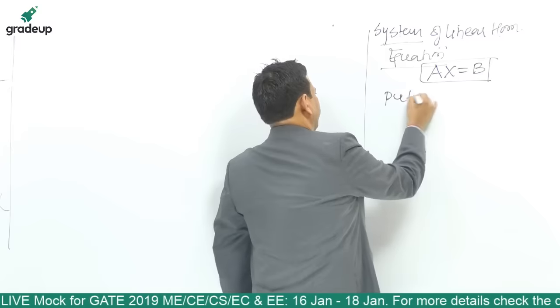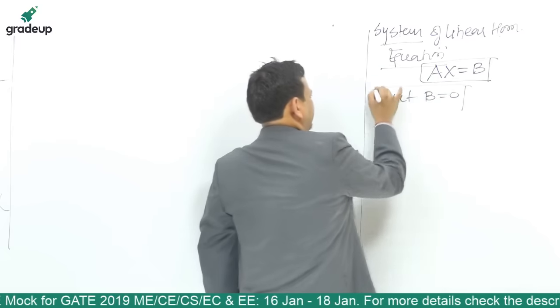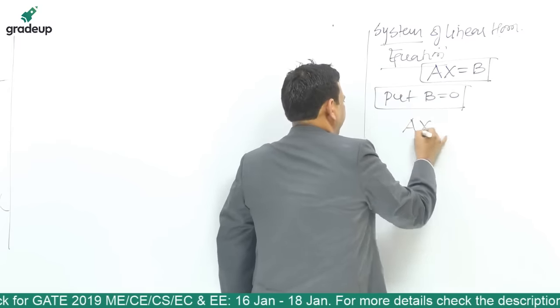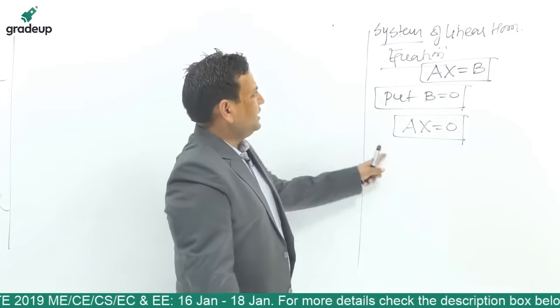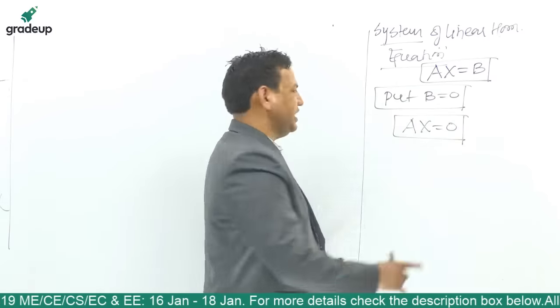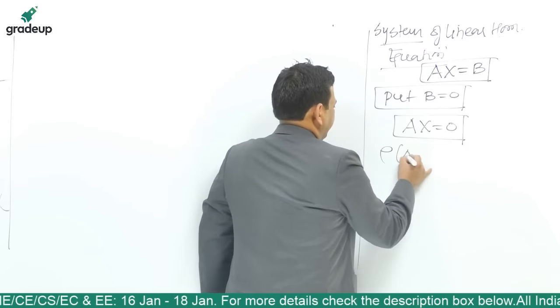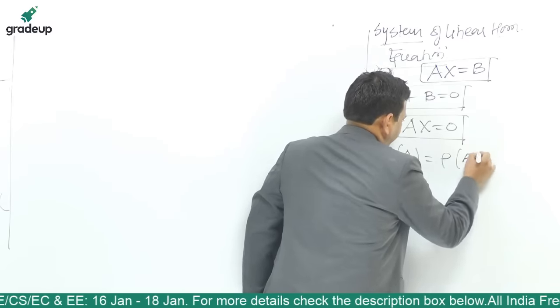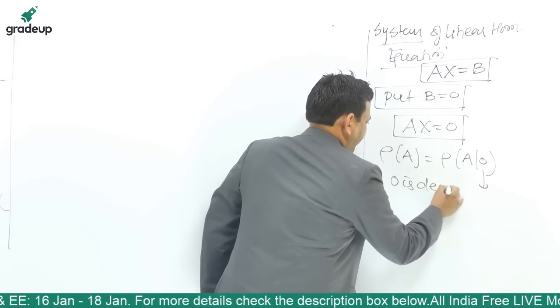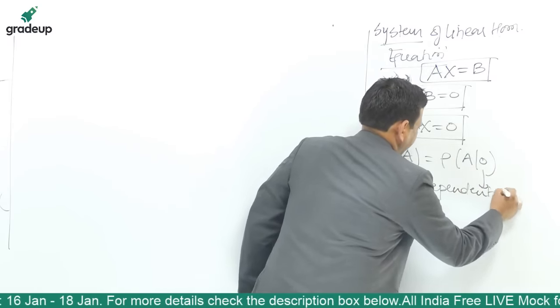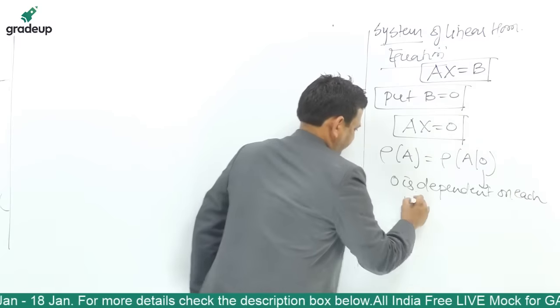Put B equal to 0. As soon as you write B equal to 0, the system becomes Ax equal to 0. This is known as a system of linear homogeneous equations. And remember, the rank of A is always equal to the rank of the augmented matrix, because 0 is dependent on each vector.